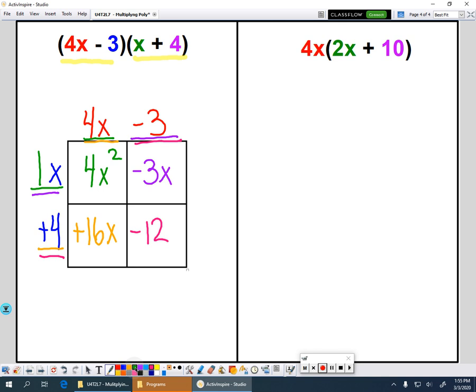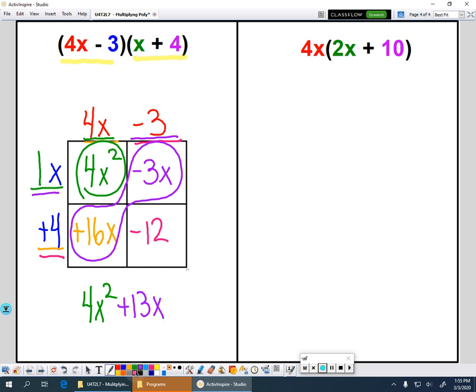So now it's time to combine my like terms together. I have 4x squared, which will go right down here. And then I'm going to combine my x's. So I've got this 16x minus this 3x. So 16 minus 3, that's going to give me 13. And don't forget your x on it. And then finally, we have this negative 12, which just tags on the end.